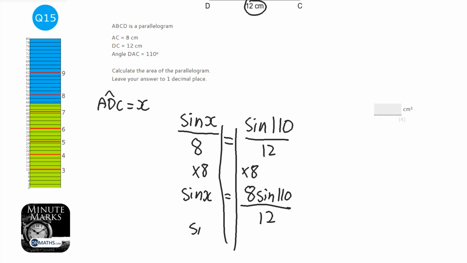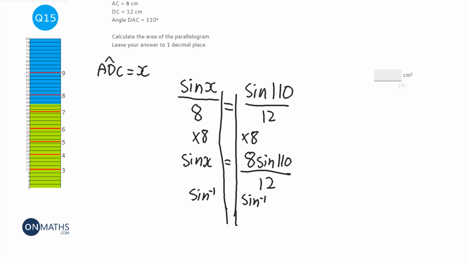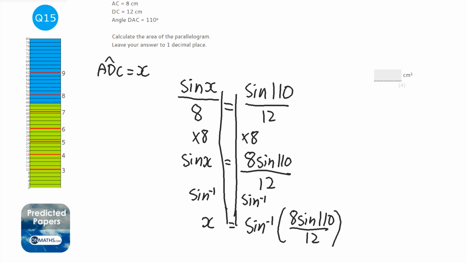And then what I'm going to do is inverse sine both sides. So X is going to be the inverse sine of 8 sine 110 over 12. So let's get my calculator.